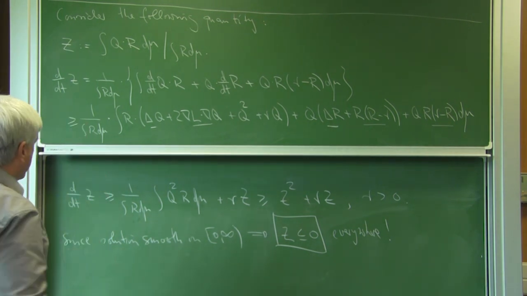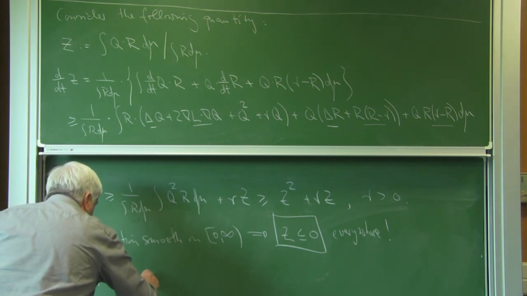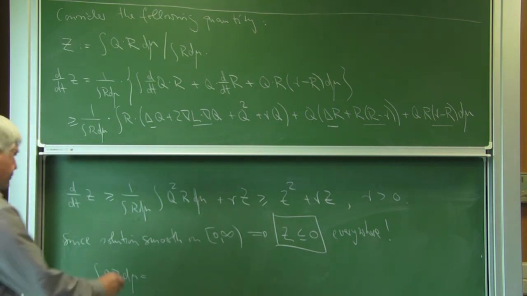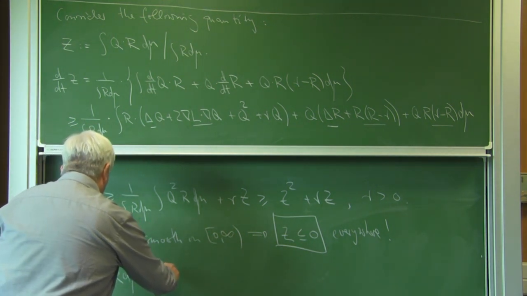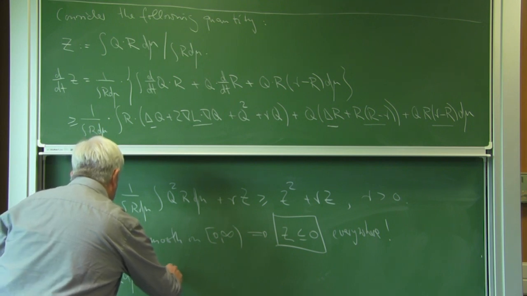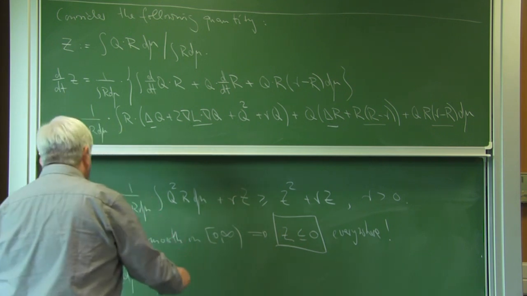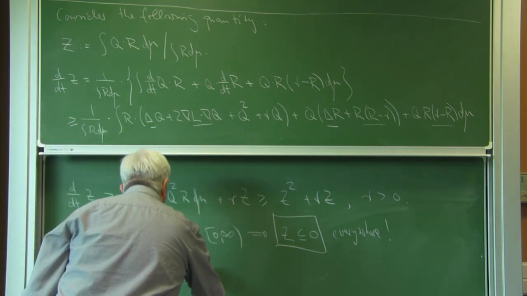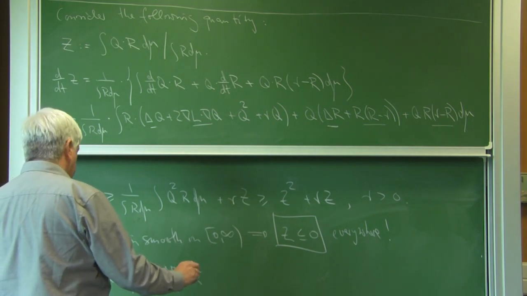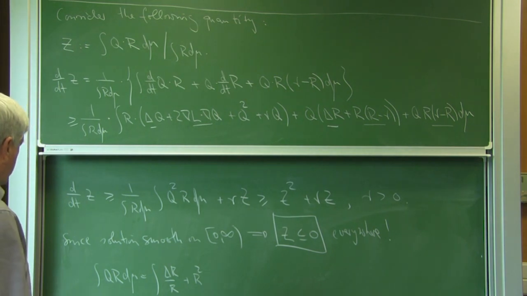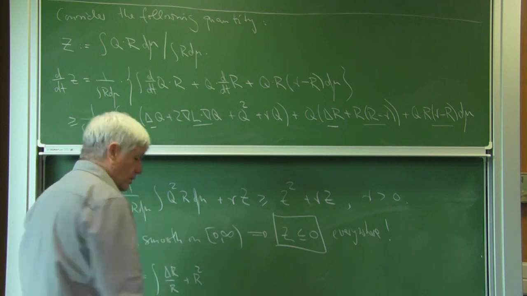But what does that really mean? The integral of Q times R in μ, this was the integral of Q, which was equal to Laplace R over R plus R squared... is that right?